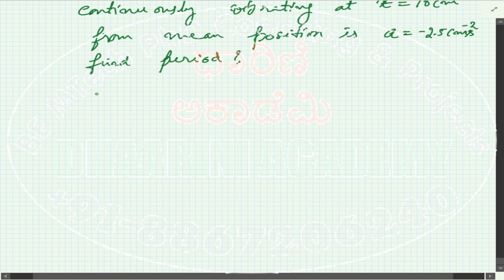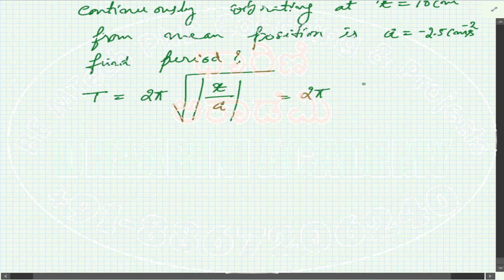So we know that there is a direct answer to this. T is equal to 2 pi into the square root of magnitude of x by a. So we can substitute 2 pi into square root of, neglect the sign, 10 is the distance, and 2.5, it's minus 2.5, but anyway there is a magnitude for that.